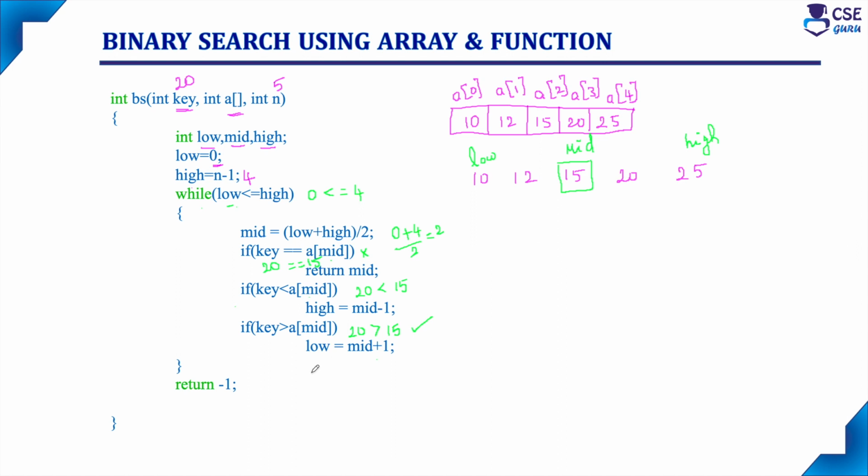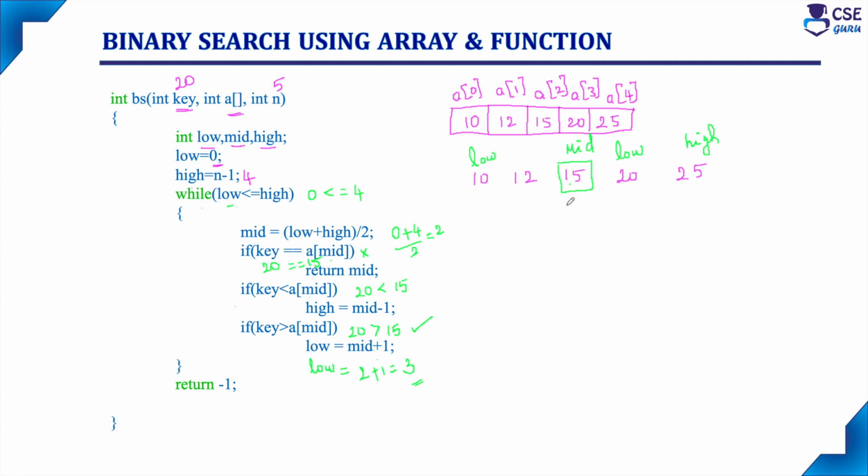So now low is equal to mid plus 1. Mid is 2, A of 2 position is mid. So 2 plus 1 is nothing but 3. So now after executing the first iteration of the while loop, low is changed to the 3 position, A of 3 position.